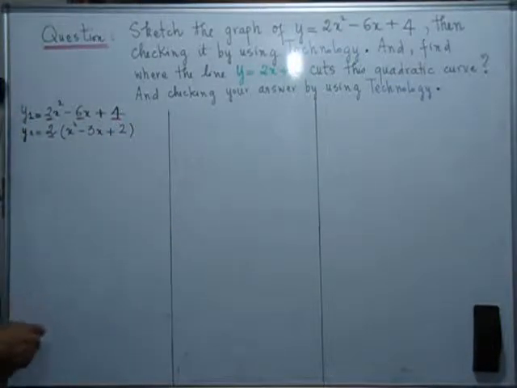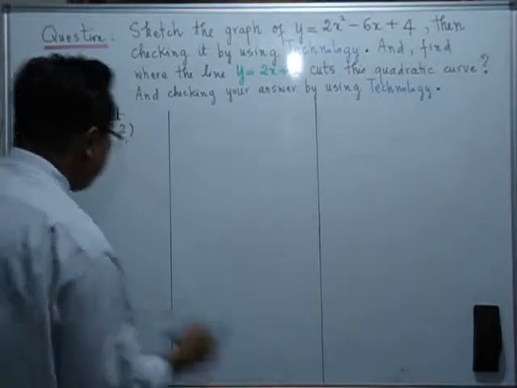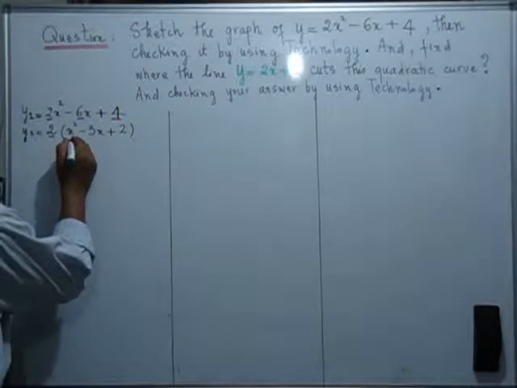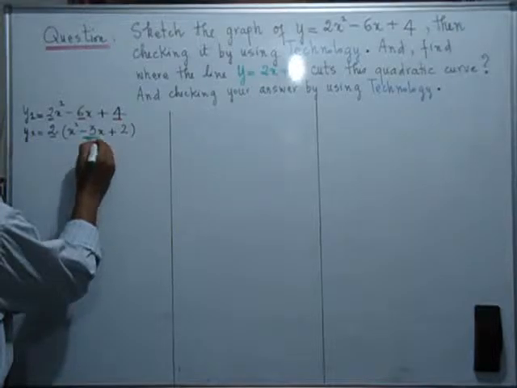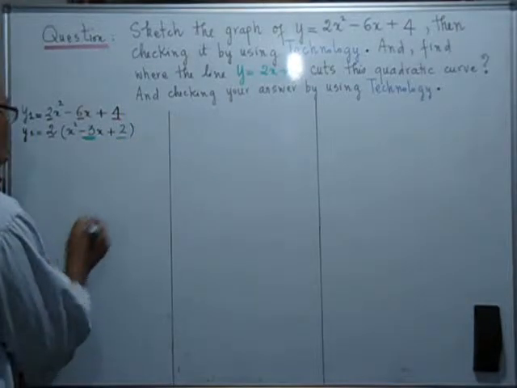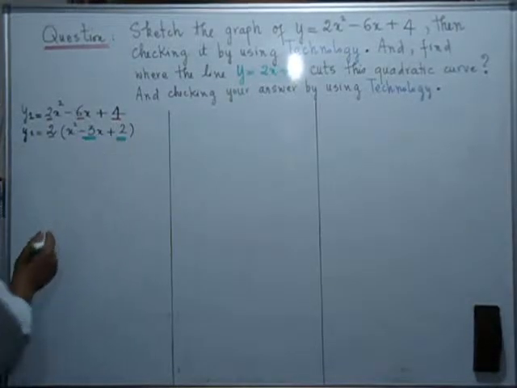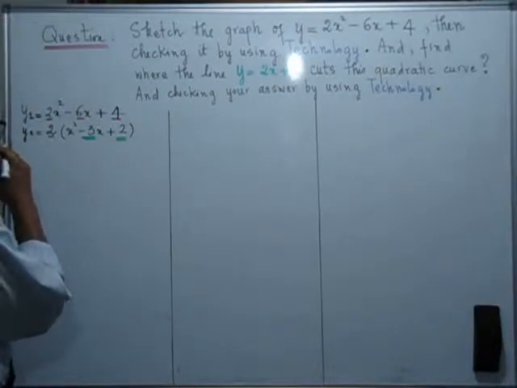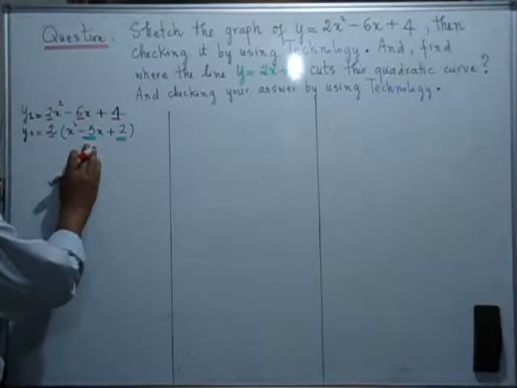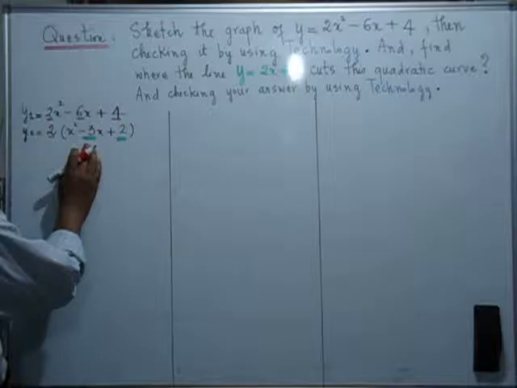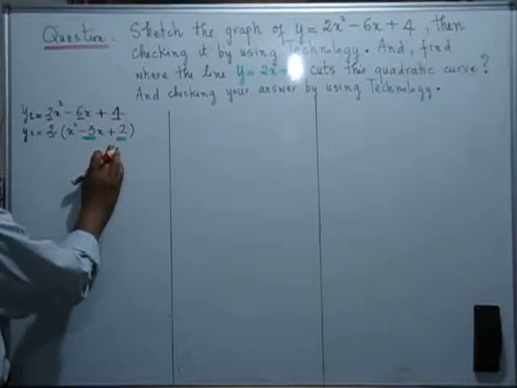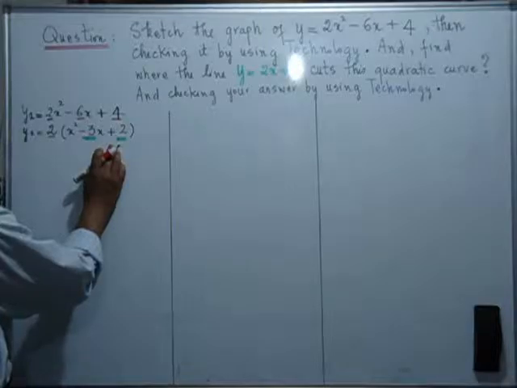So at this stage, we see this number here and this. What are the two numbers that give the sum of minus 3 and their product is positive 2?